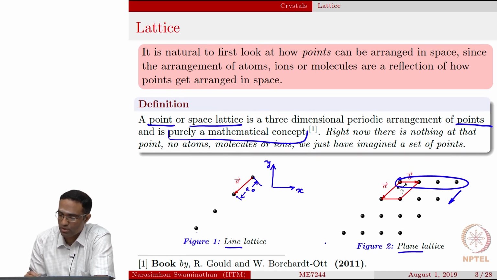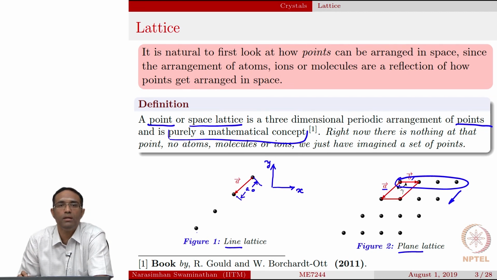direction going this way. Consequently, you have two different lattice vectors that are associated with generating this lattice, the A vector and the B vector, and there is naturally an included angle that occurs when you generate these space lattices.